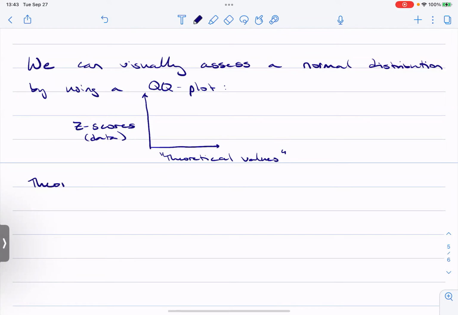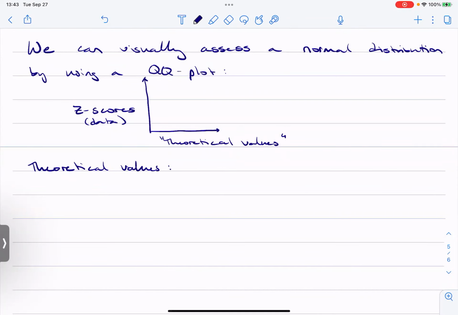Theoretical values are from a perfect normal distribution with the exact same mean and standard deviation as our data.